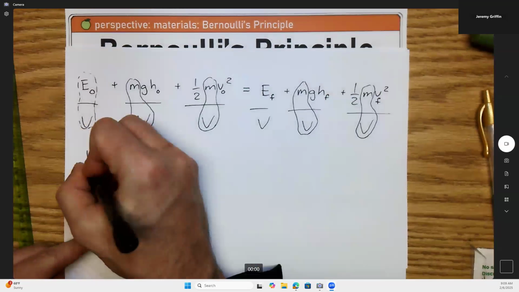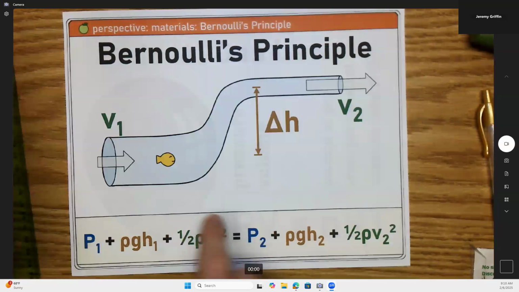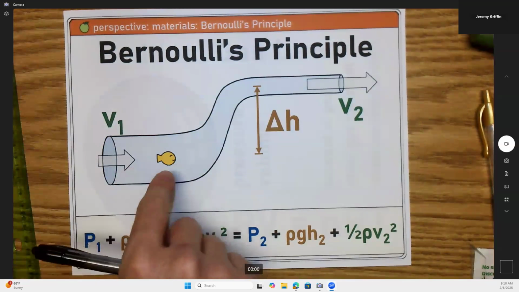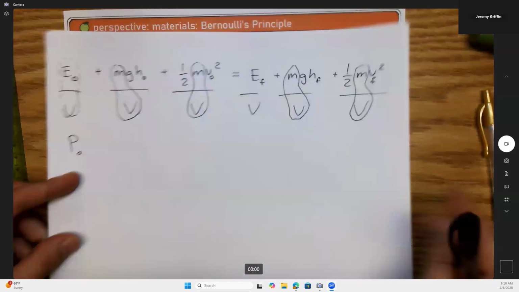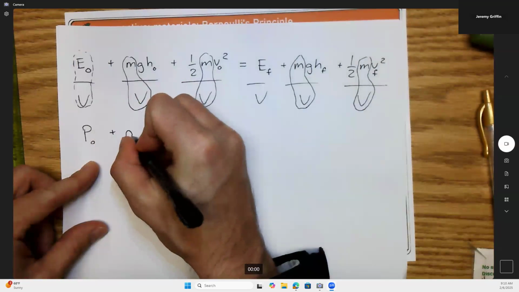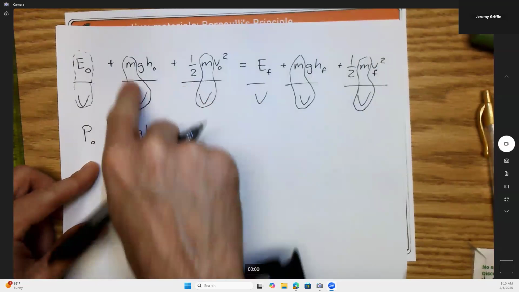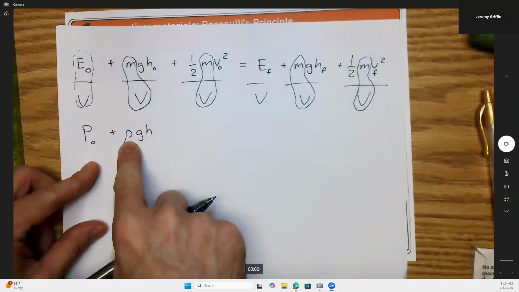Pressure. It sure is. So I have some initial pressure, as in the internal pressure in the system, like this fish swimming around feels some pressure on him, plus rho gh, and this rho is the density of what? Water.